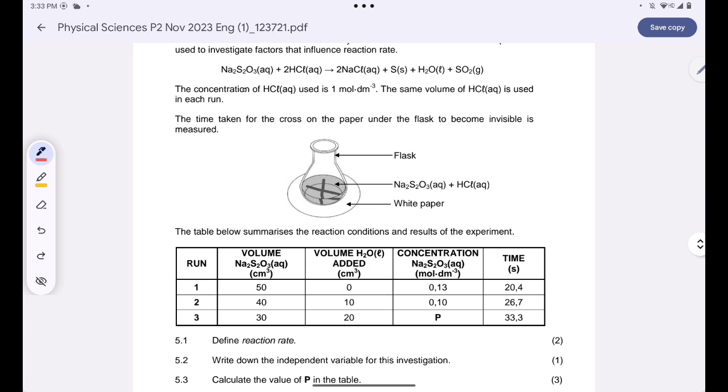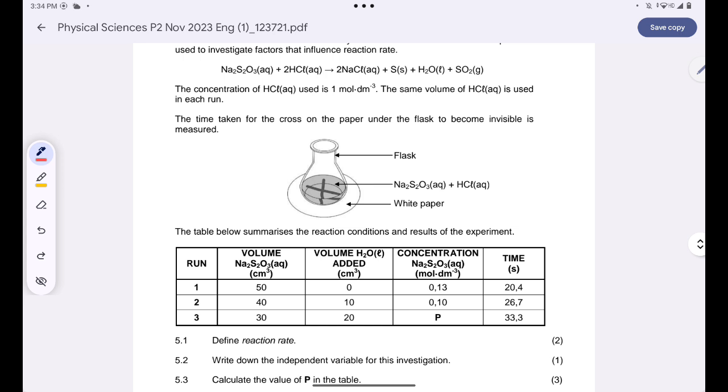We are given the reaction between sodium thiosulfate and the hydrochloric acid. Obviously, it produces sodium chloride, sulfur, water, and sulfur dioxide. Okay, and then we are told that the concentration of hydrochloric acid used is 1 mole per cubic decimeter. The same volume of hydrochloric acid is used in each run.